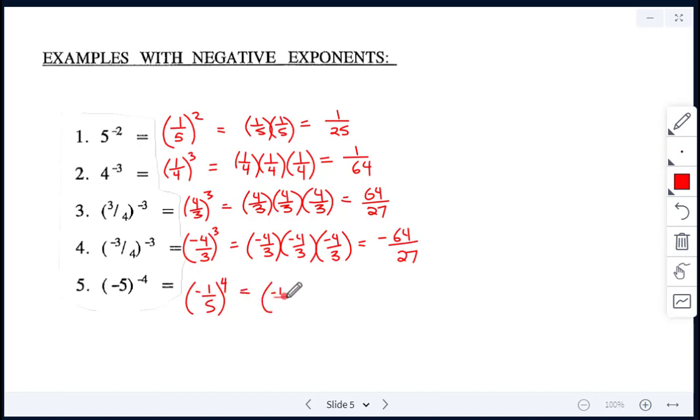So negative 1 over 5 times negative 1 over 5 times negative 1 over 5 times negative 1 over 5. All right, and that's going to give me 1 positive. It is going to be a positive answer. And then 5 times 5 times 5 times 5, which is 625.